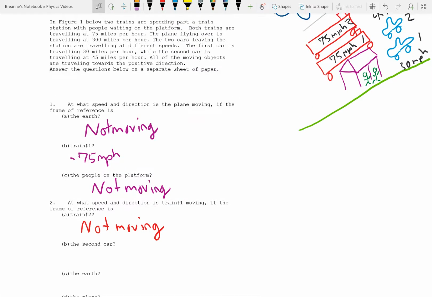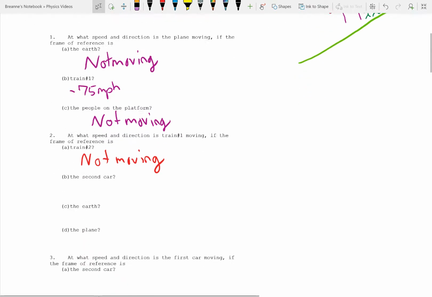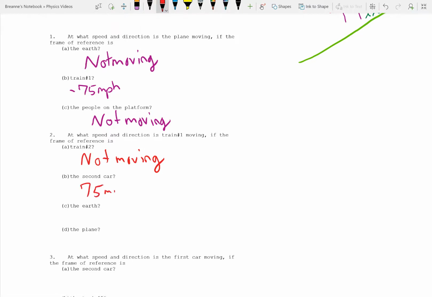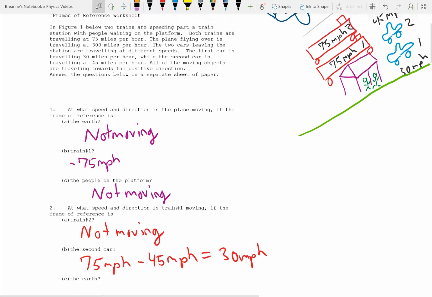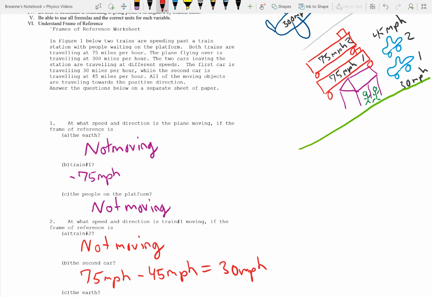The train's moving at 75, the car is moving at 45, so you would have to subtract. So 75 miles per hour minus 45 miles per hour equals, see if you can do math in your head, yay, 30 miles per hour. So it seems like the train is going only 30 miles per hour compared to that car.